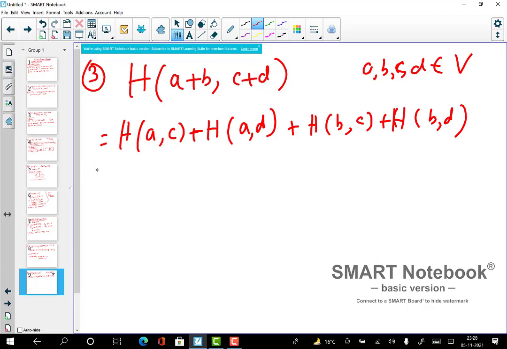So just do it as homework. Now another property is that it's kind of symmetric. What does that mean?